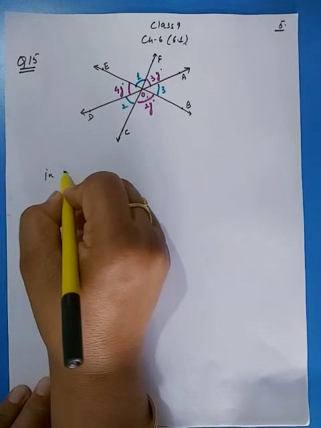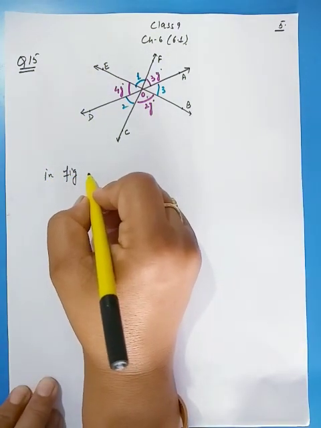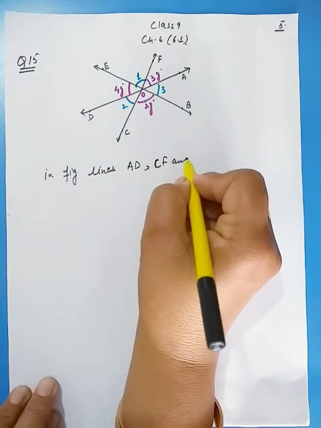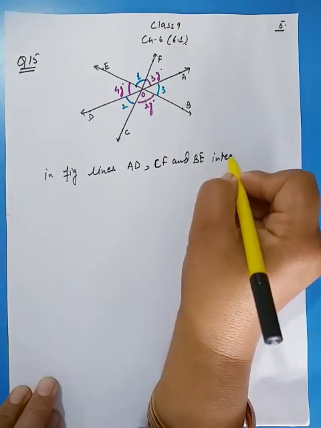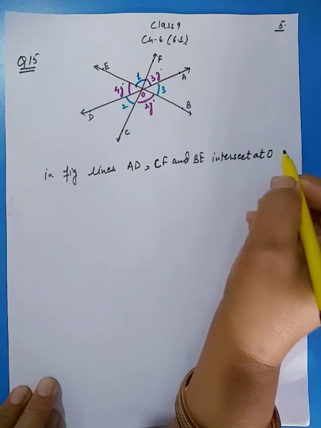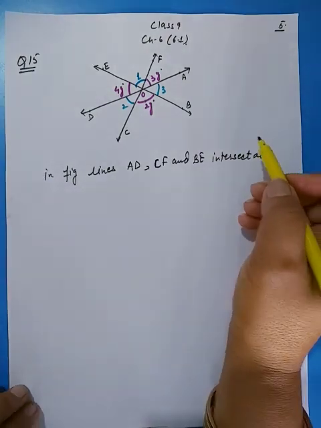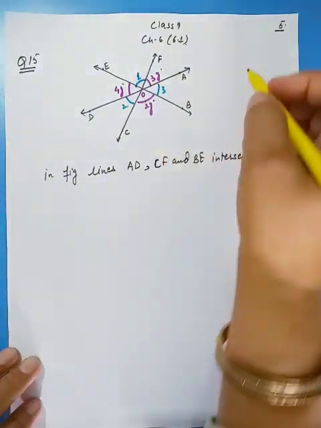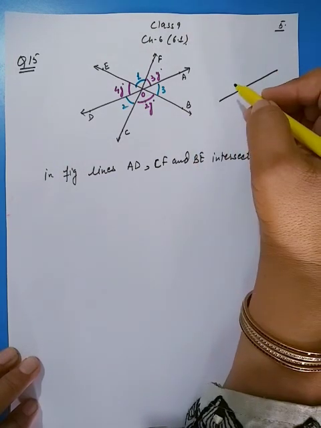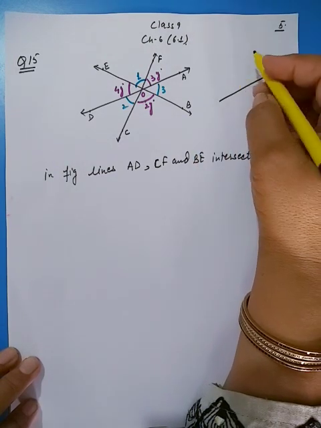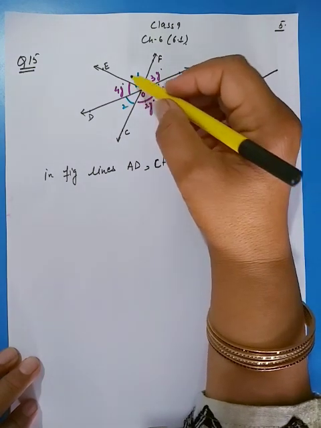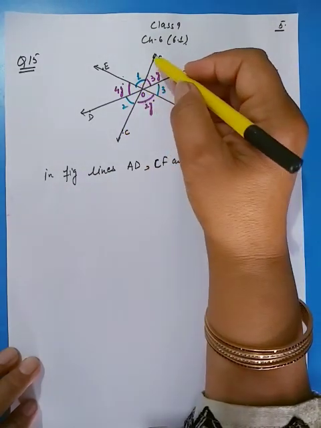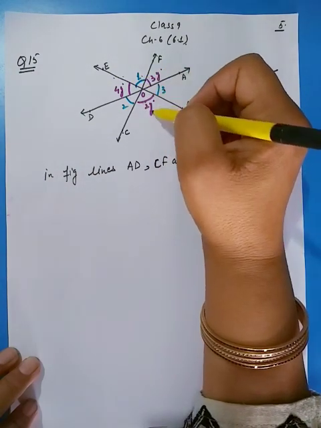So in the figure, lines AD, CF and BE intersect at O. Whenever two lines intersect, then vertically opposite angles will be equal. So if we take lines AD and BE, then angle 3 will be 4y, and when we take lines CF and BE, then angle 1 will be of 2y.